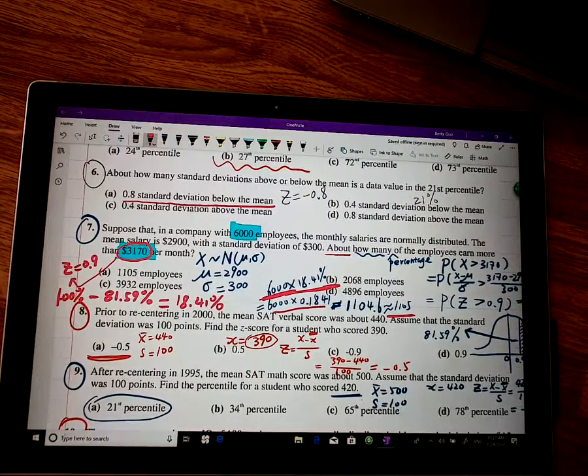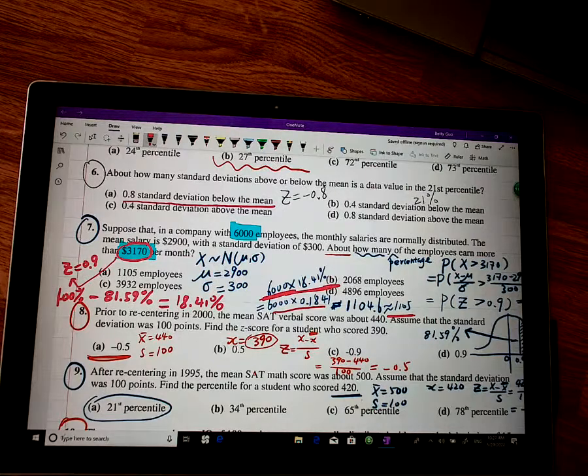All right, so this is a little bit of a challenging problem. Let me repeat the process. We consider the value $3,170 because that is an important salary in the population.